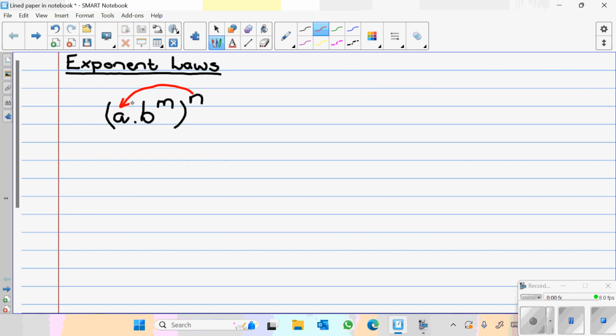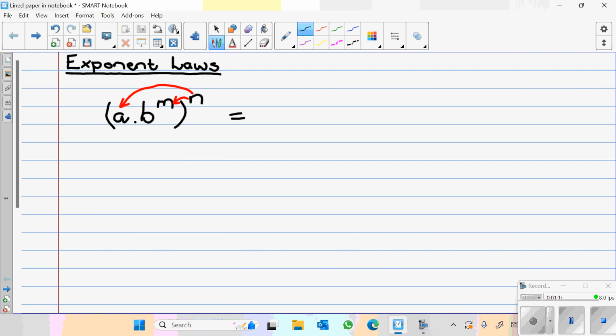Now the law states that this n must be distributed to both of the ground numbers that are already inside the bracket. But it also states that when there is another exponent there already, I have to multiply.